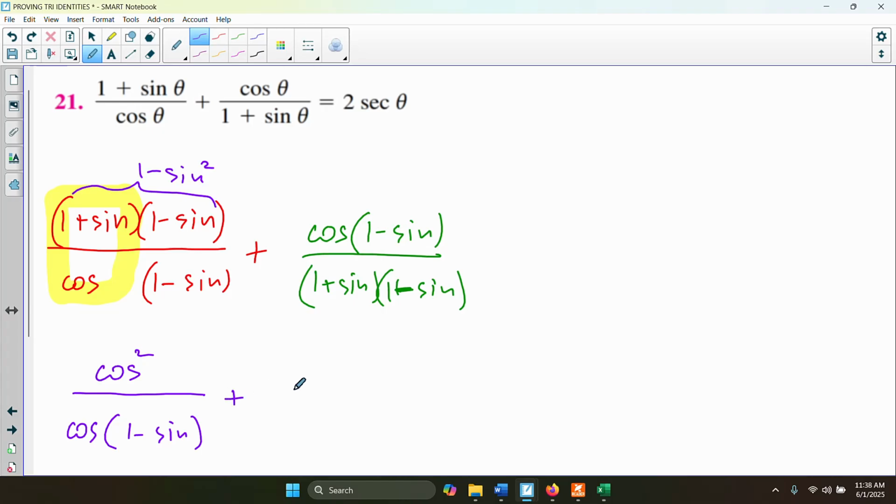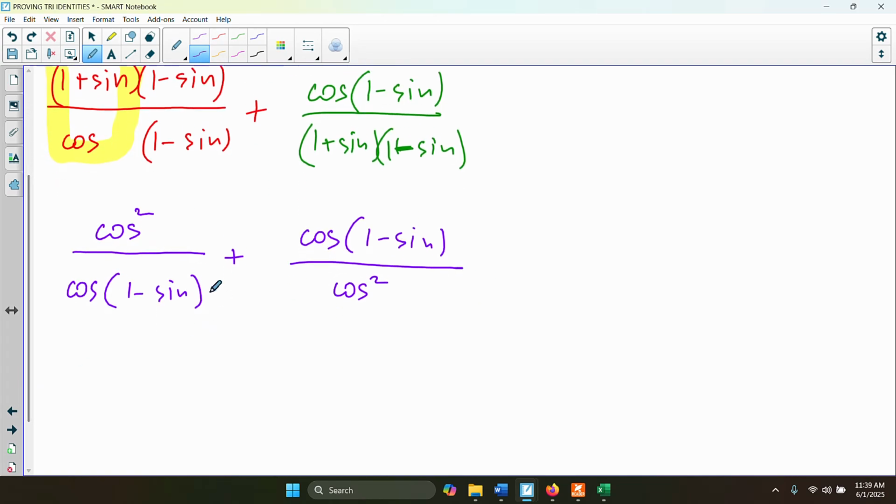And over here I have plus, and similarly you have cosine, 1 minus sine. And down here this is the same thing, this could be cosine squared. How's it going to simplify? This cancels with this, and similarly this cancels with this, leaving you with cosine divided by this, and this divided by that.